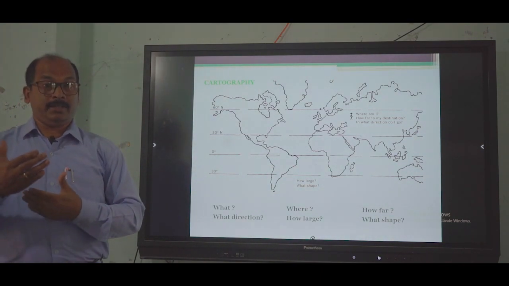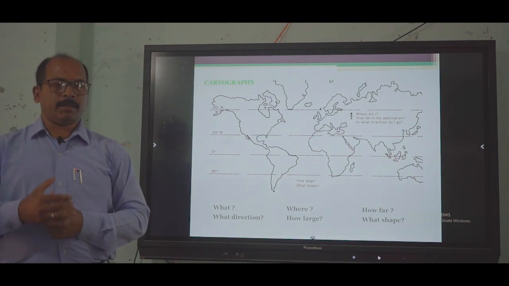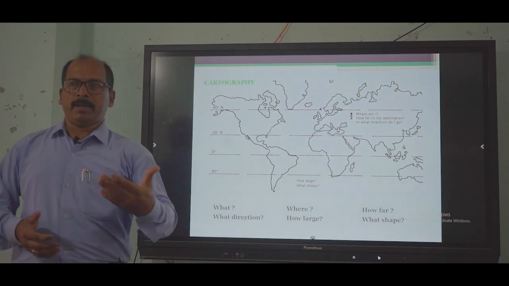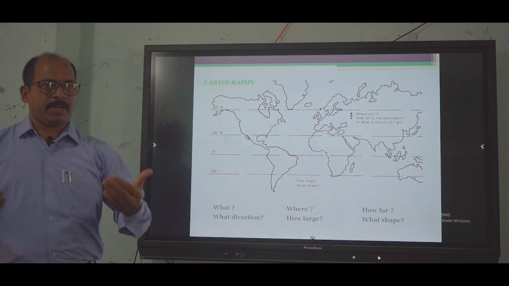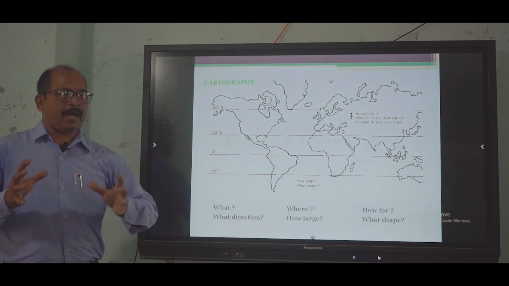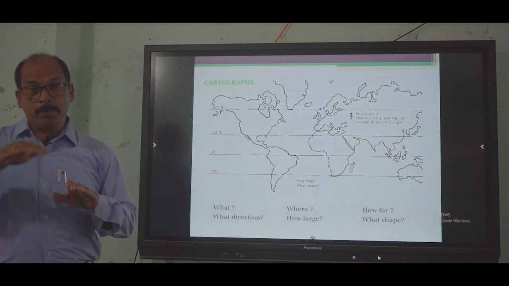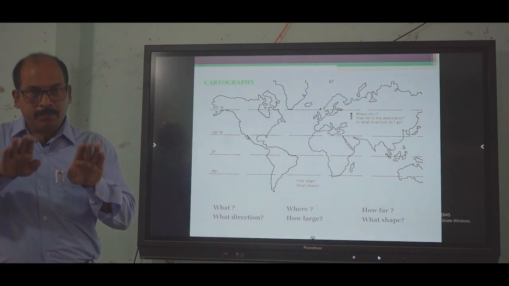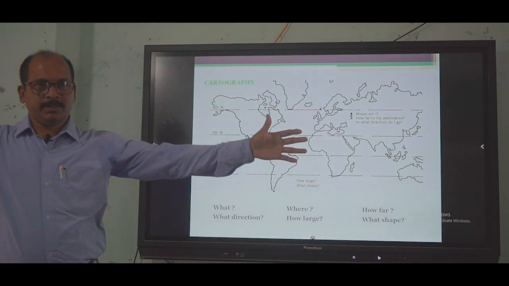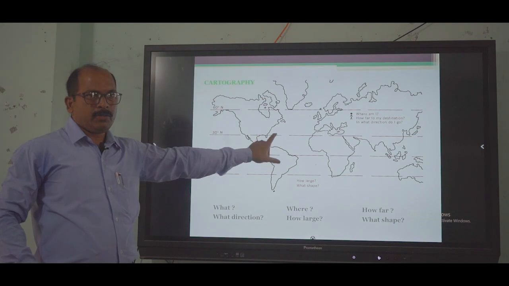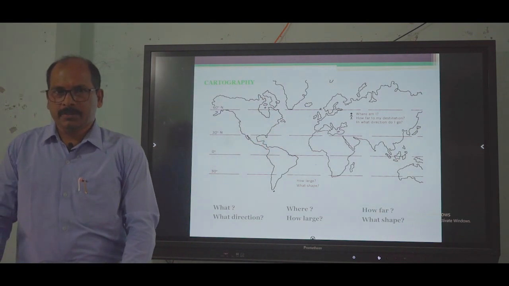But we can see it by observing or reading a map of Goalpara district, a map of Assam or a map of India. How is it possible? Because of cartography. Cartography is a science and an art which deals with transforming the real earth's surface onto a flat sheet of paper. This is the product of cartography.